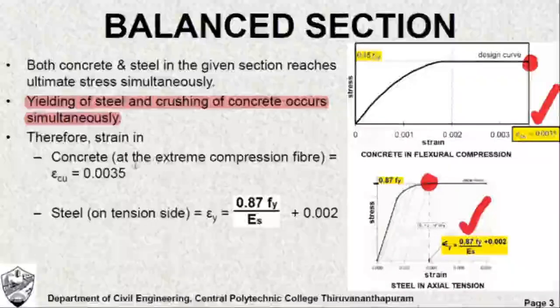So that is what is given here. When concrete and steel reach the ultimate stress simultaneously, we give the strain of concrete as equal to 0.0035 and we give the strain in steel on the tension side equal to 0.87 Fy by Es plus 0.002.